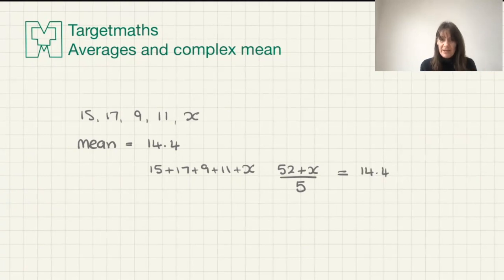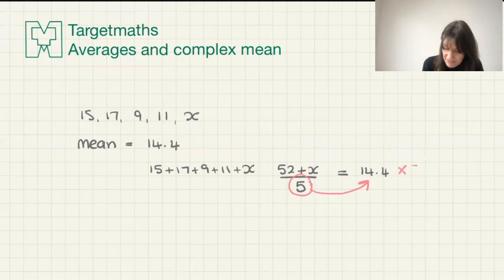Add them all up, divide by how many, equals the mean. Now this is just turned into an equation. And if I want to know what X equals, I've got to get it on its own. So we are going to move the divide by 5 to the other side, where it will land as times by 5. Remember, it always lands as its opposite.